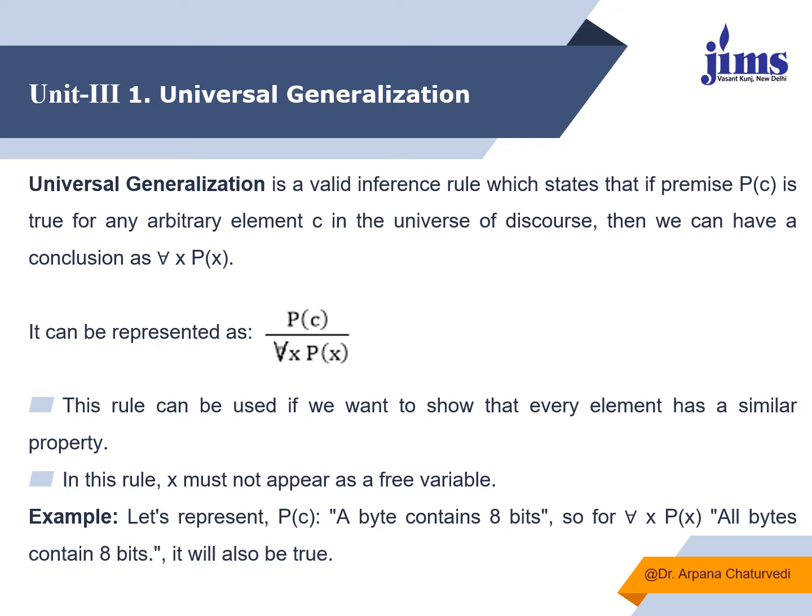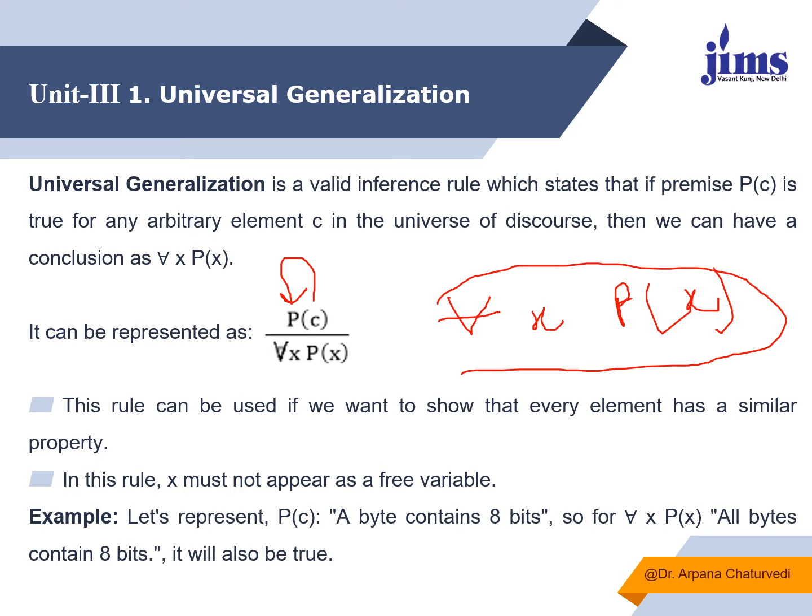See, universal generalization means I am given a constant, I am talking about a constant, but I can convert that into a general form. Let's say I am talking about constant C, which is a part of predicate P. Instead of constant C being P, I can also write that for some x, x is P. This is what we have generalized.